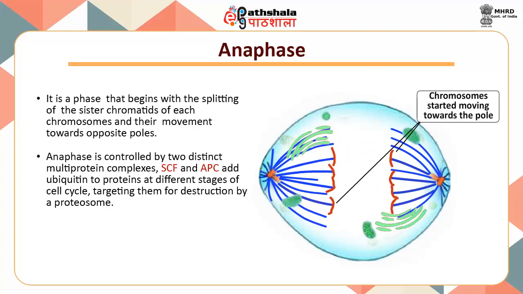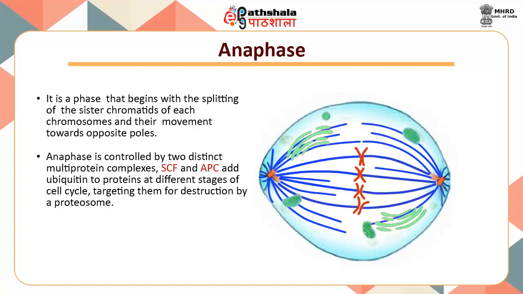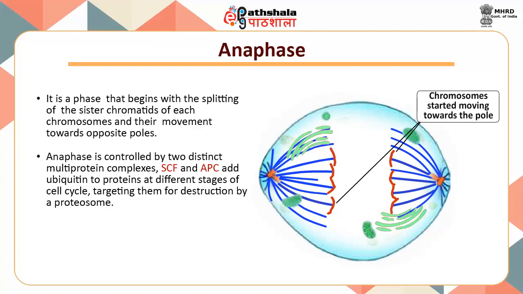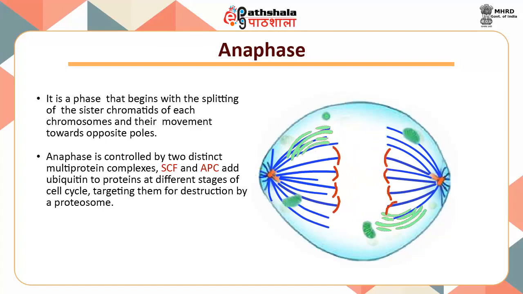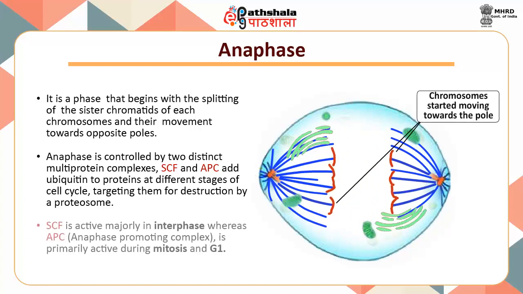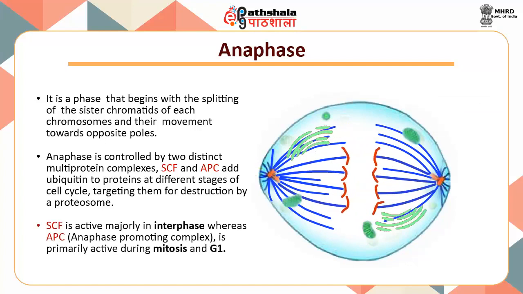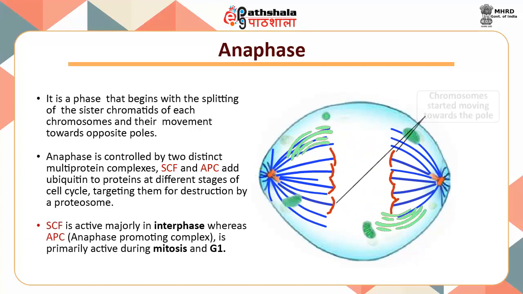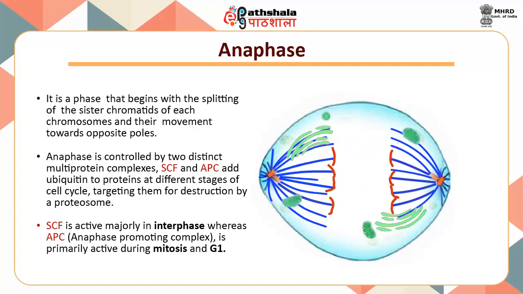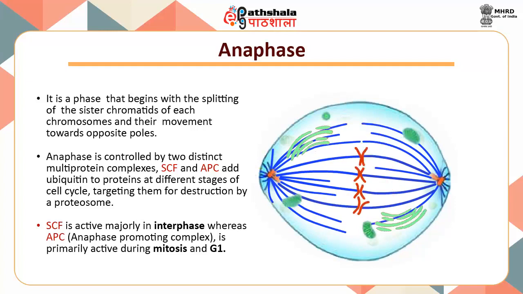APC has two versions differing in the type of adapter, containing either a CDC20 or CDH1 adapter protein. These adapter proteins alter substrate recognition by the APC complex. SCF, known as SKP-cullin-F-box containing complex, is majorly active during interphase, and APC, which is known as anaphase promoting complex, is primarily active during mitosis.